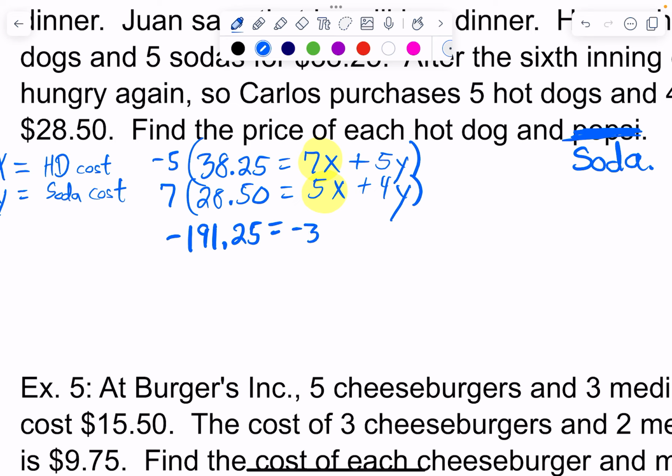That equals negative 35x minus 25y. 28.5 times 7 is positive 199.5.